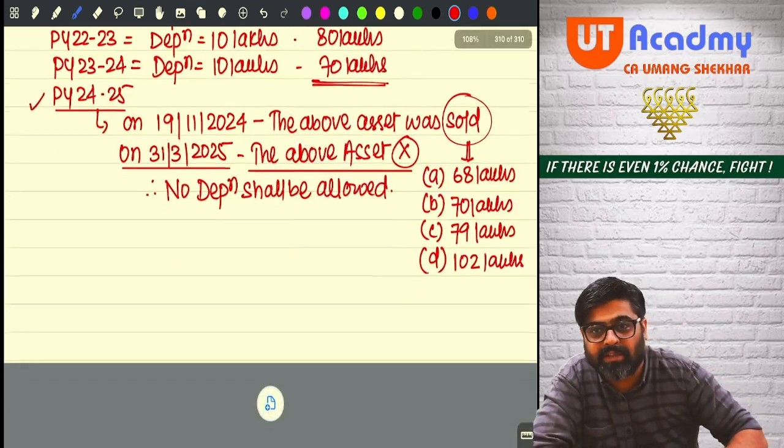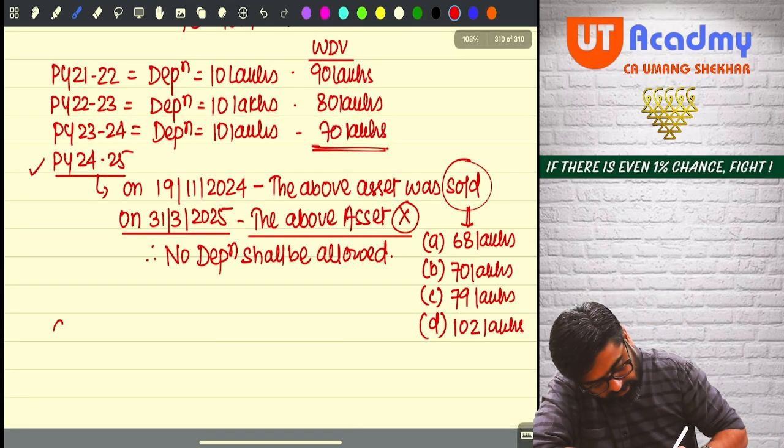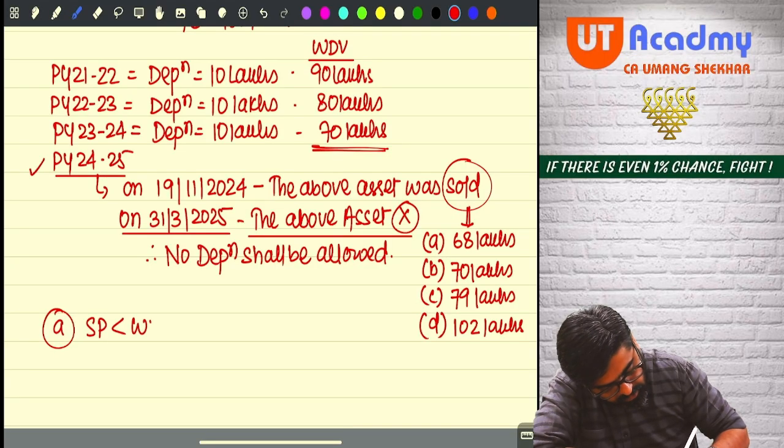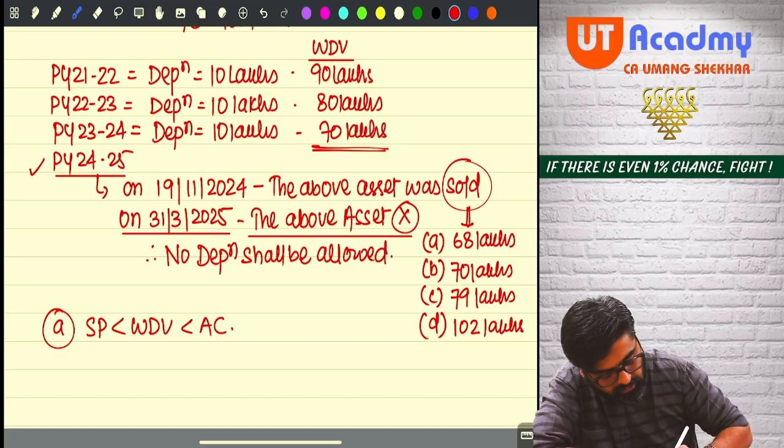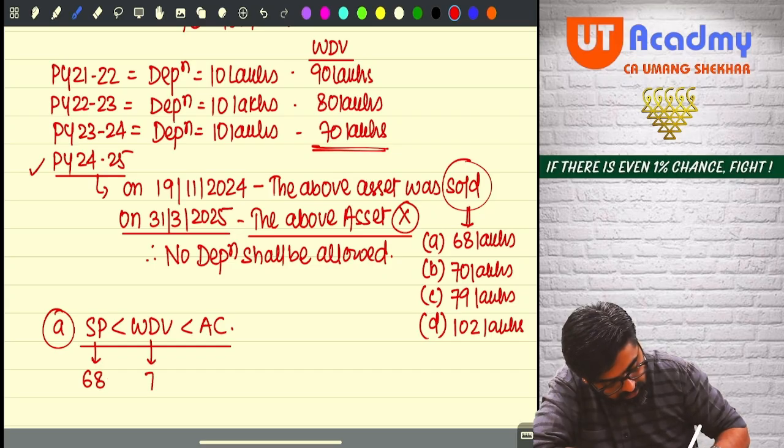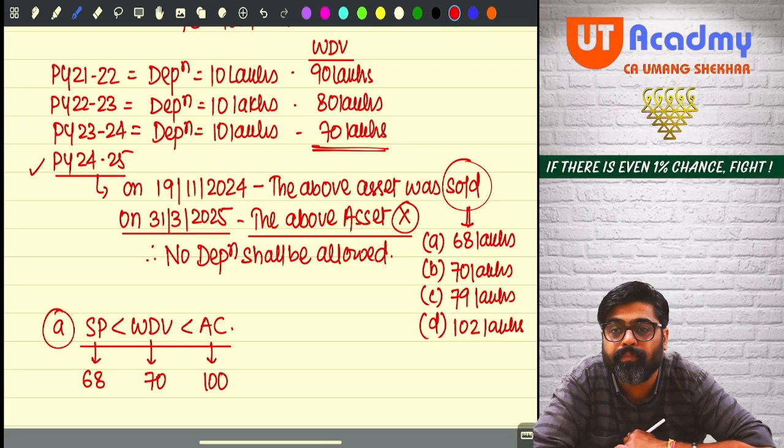Understanding? So first case, case A, is your selling price less than WDV? Yes. If it is less than WDV, it has to be less than your actual cost also. How much was the selling price, friends? It was 68 lakhs. How much was the WDV? It was 70. How much was the actual cost? 100. Getting my point?